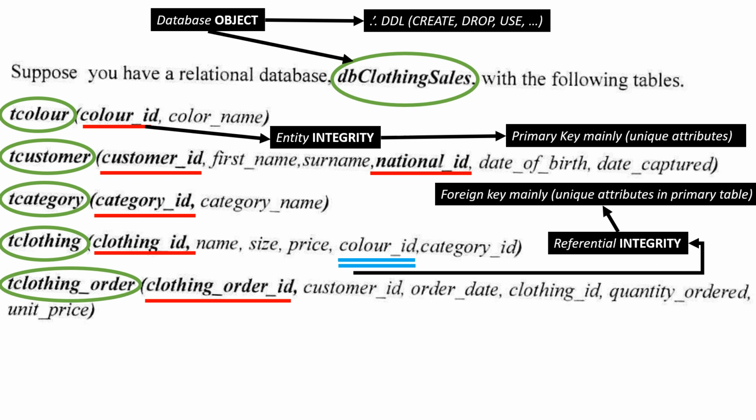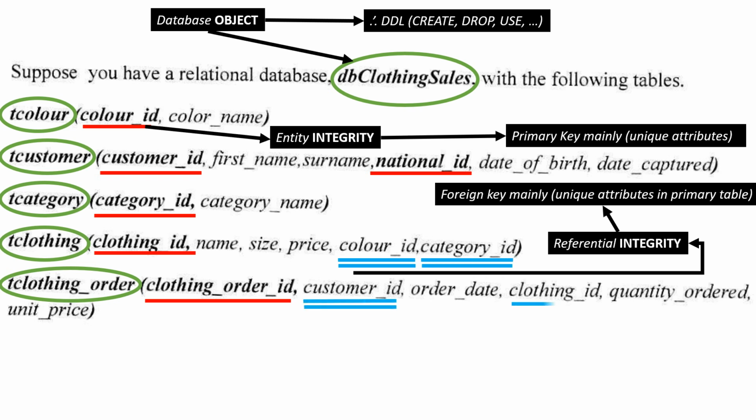And a foreign key can be a primary key in its primary table, or can be any attribute that is unique. By unique, I mean any column that has got a unique constraint. So every column that has got a unique constraint can be used in a foreign table to enforce referential integrity.